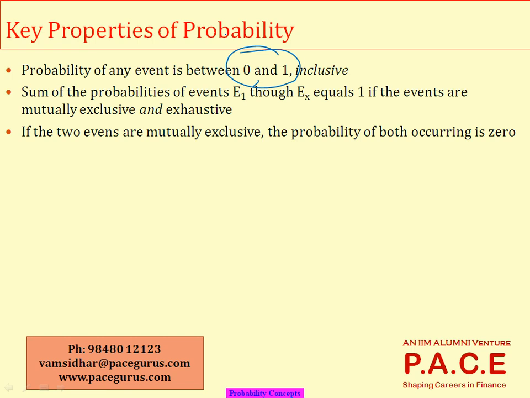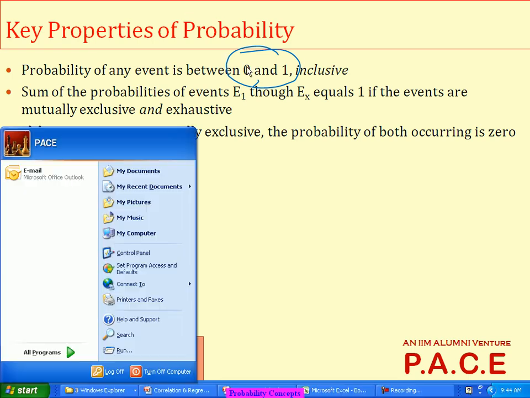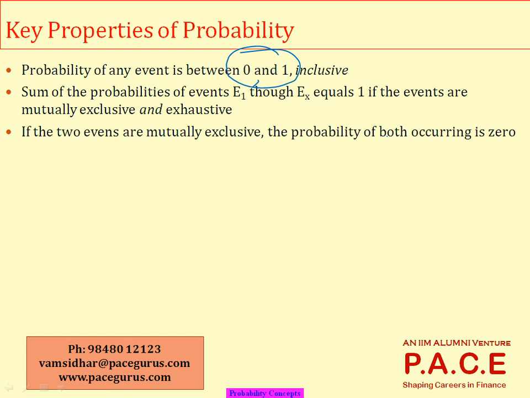So we can easily conclude that the probability value will always lie between 0 and 1, and both of them are inclusive. 0 means it's a definitely impossible event, and 1 means it's a definitely possible event. So both are definite, but anything lying between 0 and 1 has some kind of chance, some kind of uncertainty associated with it.